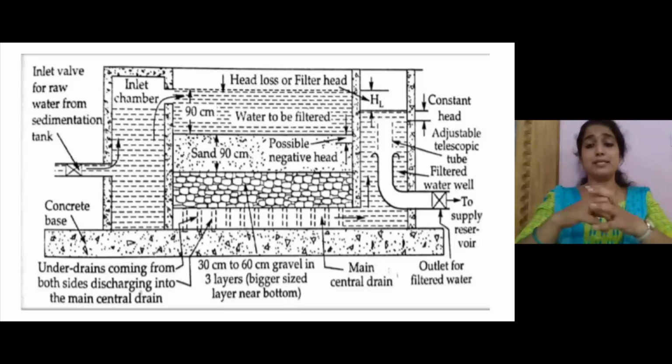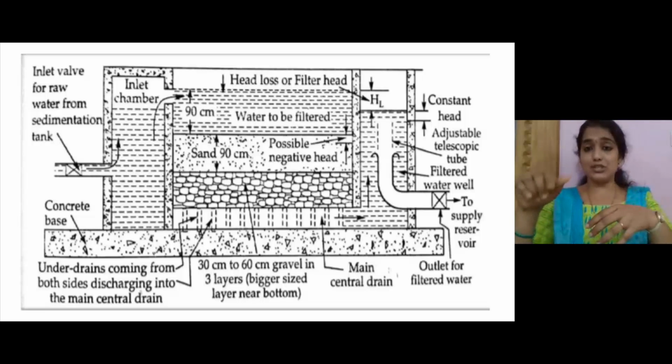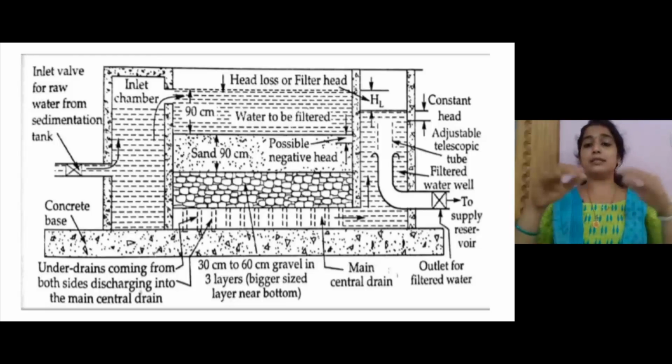And here you can see head loss or filter head, that is HL, marked at the outlet, that is the filtered water well. This HL is the difference between the water level in the filtration chamber and the water level in the filtered water well.